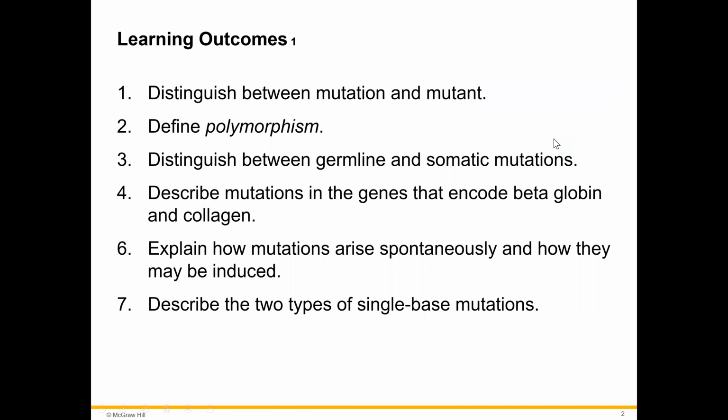So learning objectives for this chapter include the following.